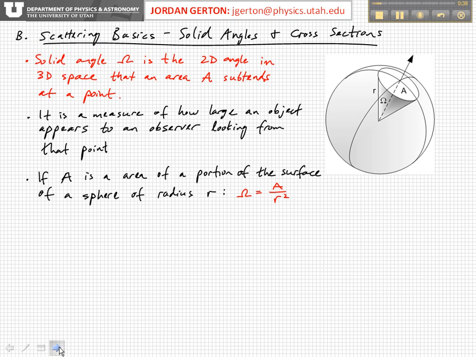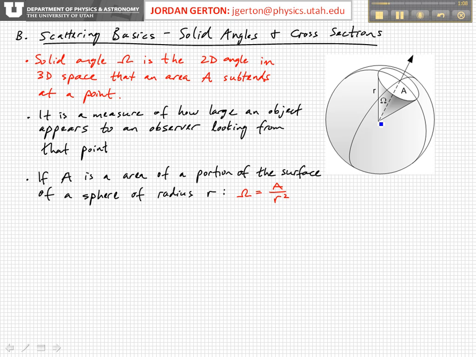So let's start with some basics in scattering theory, and we'll first talk about so-called solid angles and cross sections. So a solid angle, which we denote by the capital Greek letter omega, is the two-dimensional angle in three-dimensional space that is subtended by a particular area from a particular point.